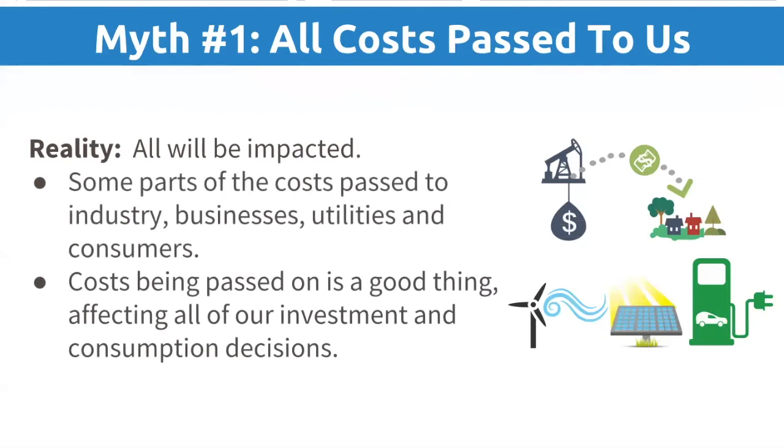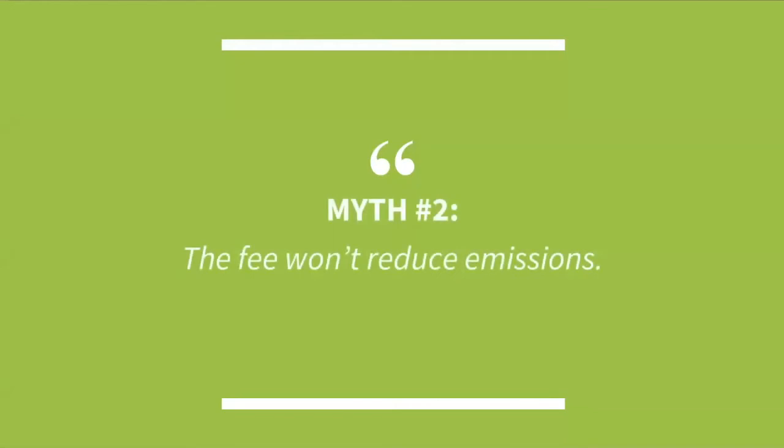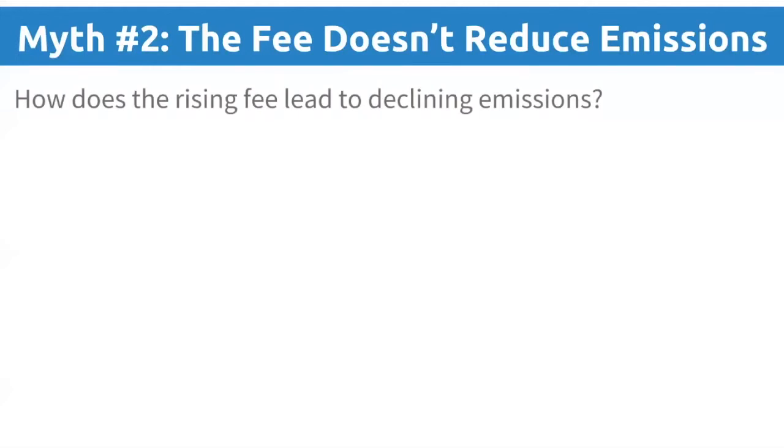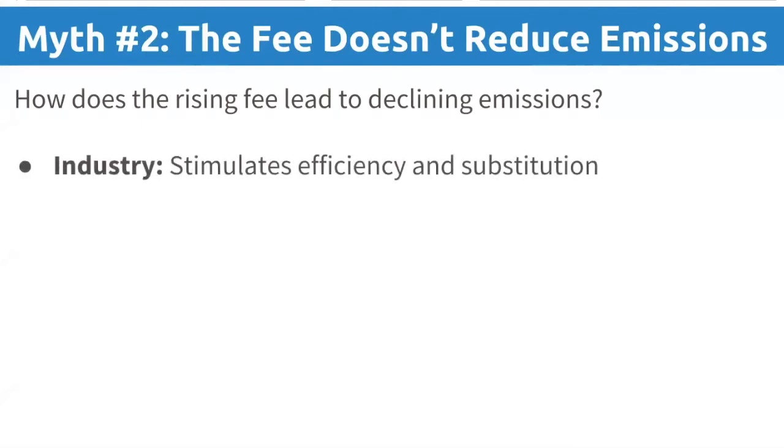The second myth holds that the fee does not reduce emissions. Therefore, many conclude the revenues must be spent on clean energy subsidies and programs to make that happen. Rising energy costs affect all sectors' investment and consumption decisions. The price signals nudge all toward greater efficiency in a search for cheaper, cleaner alternatives.